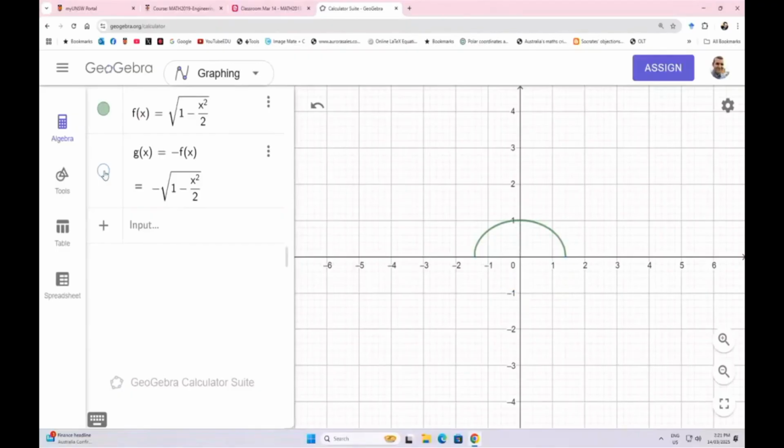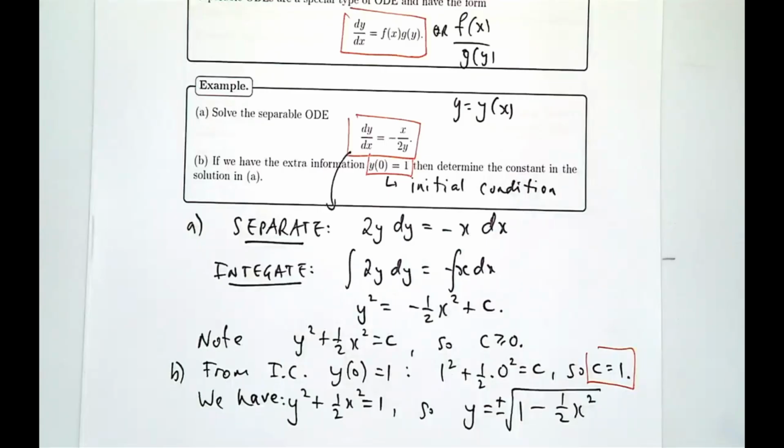Now, note that it's only defined for x values between something positive and something negative. It doesn't go for the whole of the x values. That's okay, all right? With these problems, and you will see problems like this, sometimes there's a little bit of work in finishing off the problem and simplifying, okay?